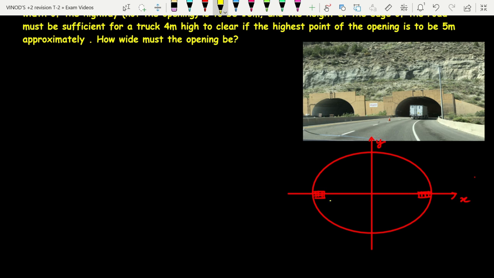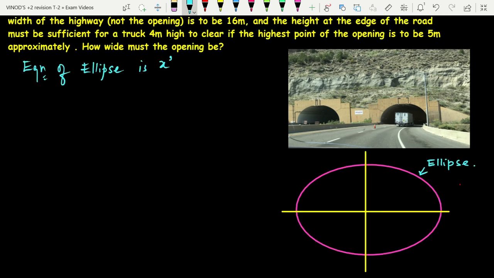So on the left side of the tunnel, it will be 8 meters wide. On the right side of the tunnel, it will be 8 meters wide. This is the center point of the tunnel, and the height of the truck is 4 meters. So this height is 4 meters.